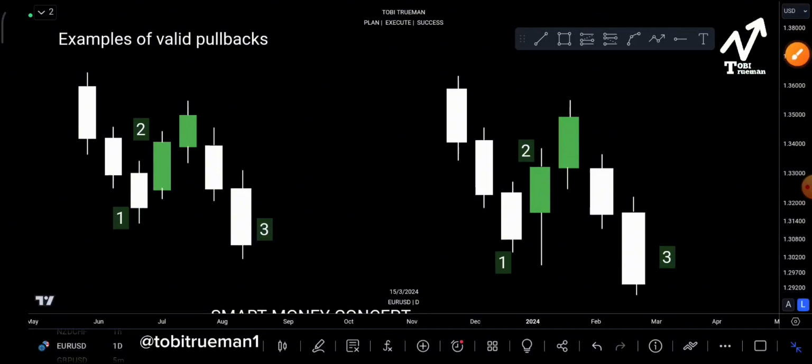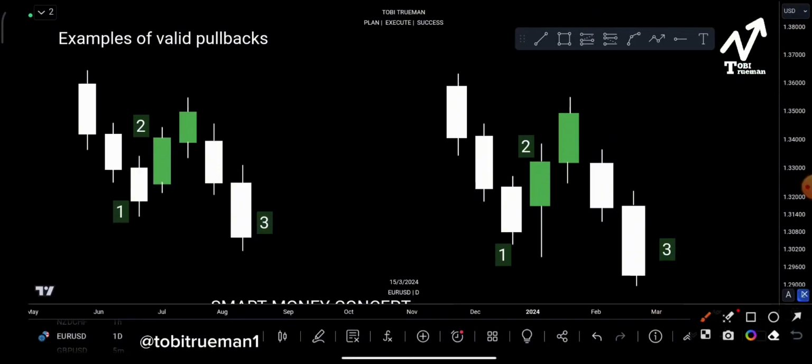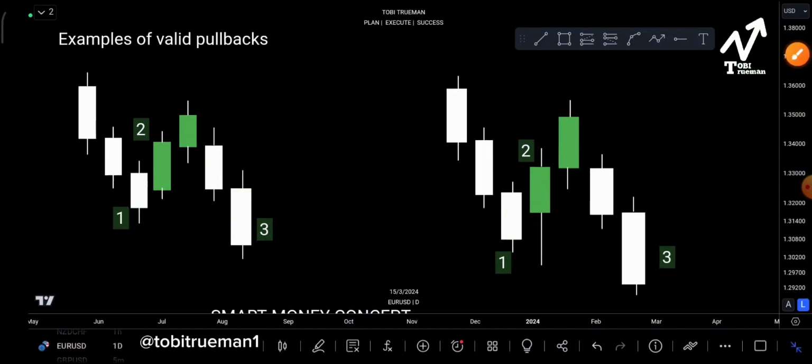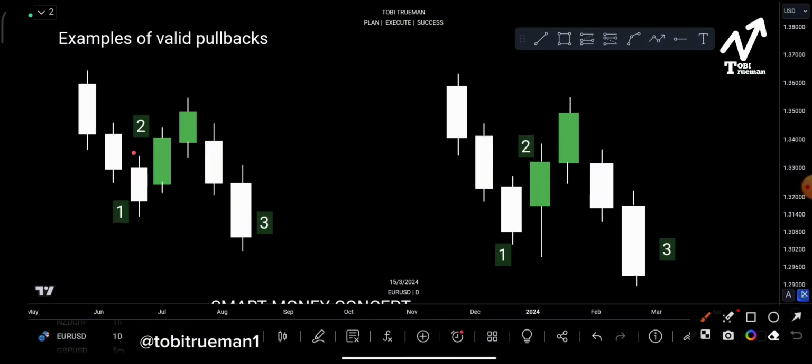For us to know which is a valid pullback, since this market is a downward movement, the high point of the first candle that is making this pullback must be taken out by another candle. The other candle that takes it out can do so with a wick or with body closure; in this scenario it is with body closure.